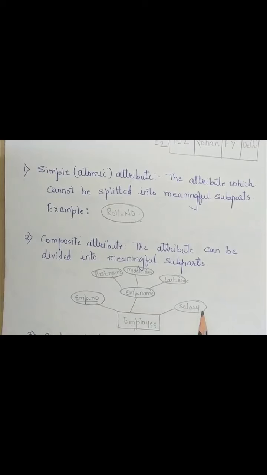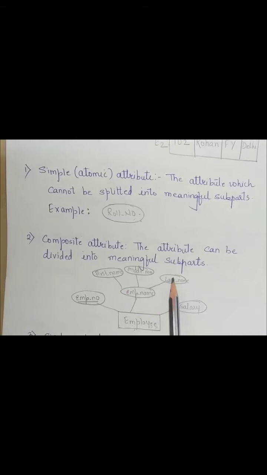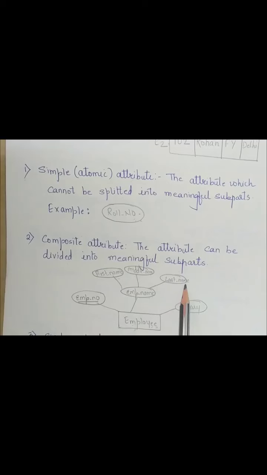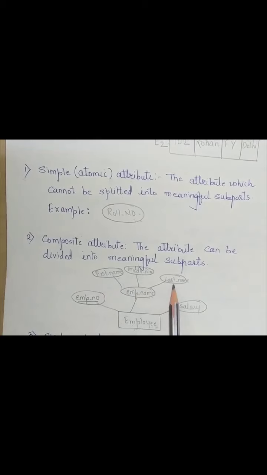Here you can see employee name. This attribute of employee type is split into meaningful subparts: first name, middle name and last name. That's why we say employee name is a composite attribute, which is further divided into meaningful subparts first name, middle name and last name.